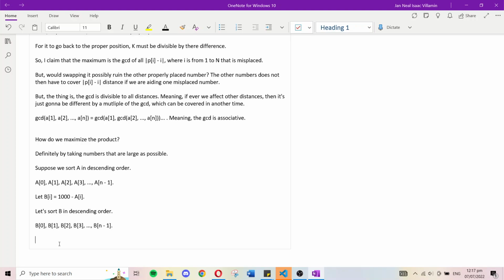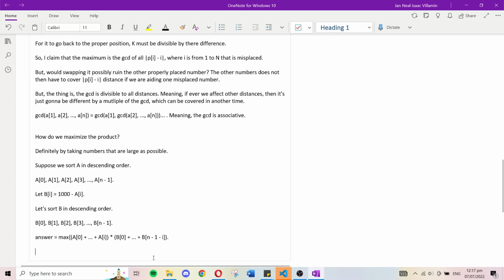So the answer would be the maximum of (A0 plus ... plus A_i) multiplied by (B0 plus ... plus B_(n-i)).